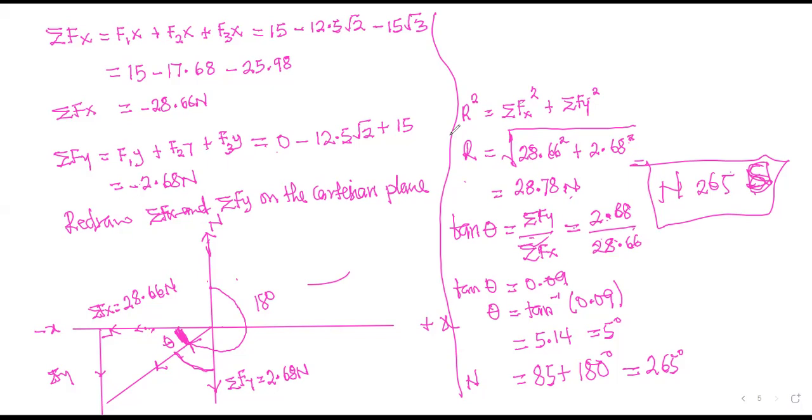Gideon, hurry up. I don't get your question. Your line is breaking. So when you get your value for theta, are you supposed to calculate the 180? What I'm saying is that in bearings, angular measurement is taken from the north, isn't it?